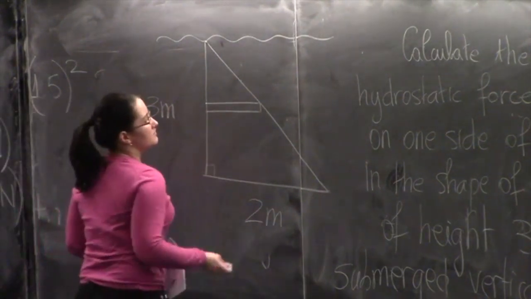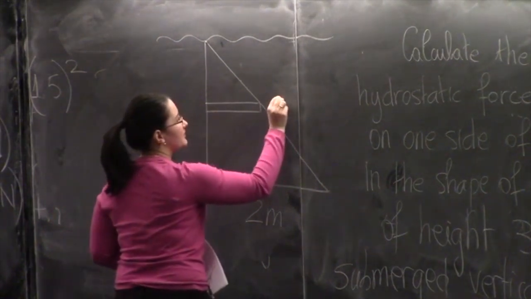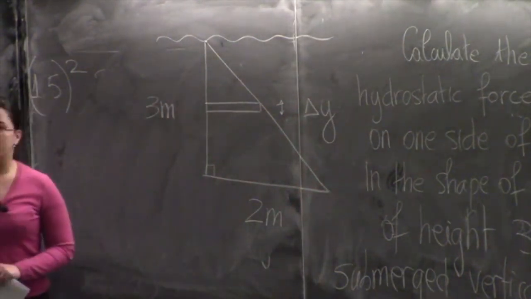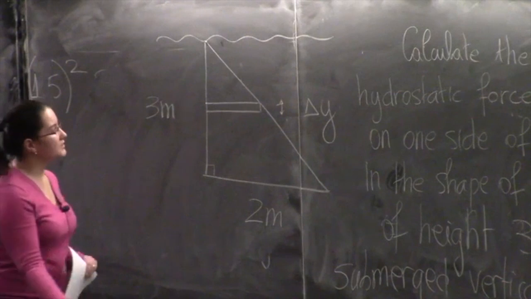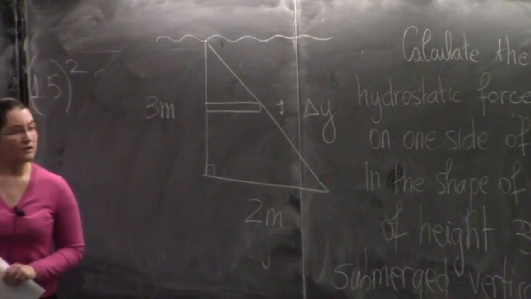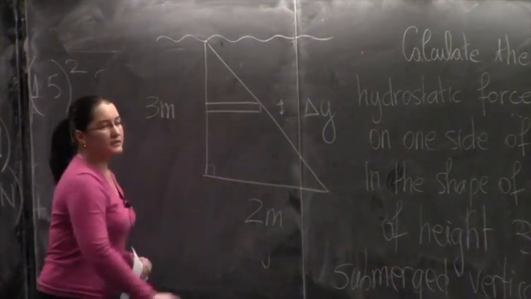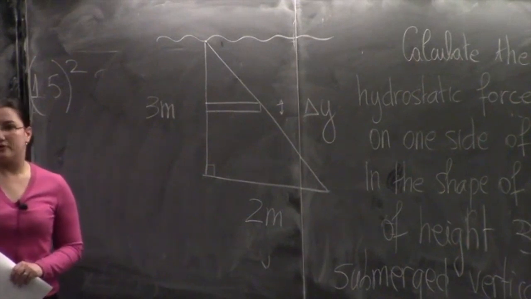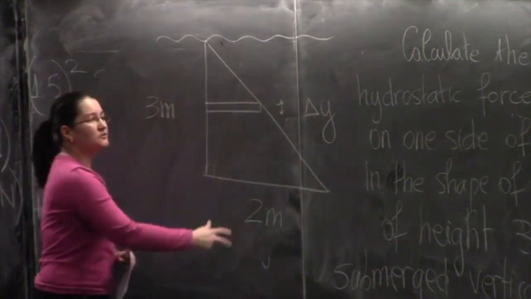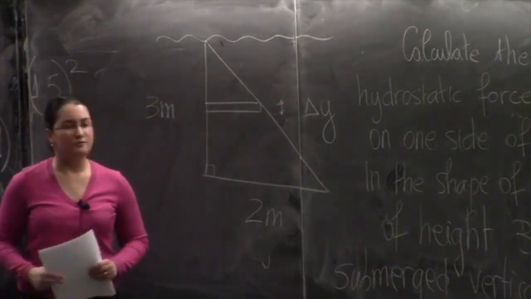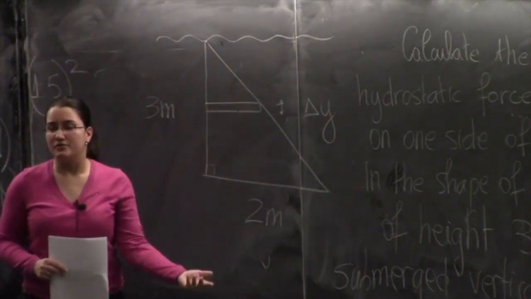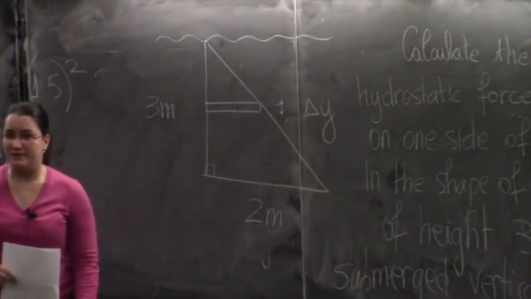And this thin horizontal strip is going to have some negligible height, delta y, that we can assume to be small enough so that the pressure along the object over here is basically constant. So for this kind of thing, we're going to be able to use our standard formula, which says hydrostatic force is the pressure times the area, and then we will need to somehow total the hydrostatic forces along these thin strips, and totaling those hydrostatic forces, adding them together, is something that we know how to do using integrals.